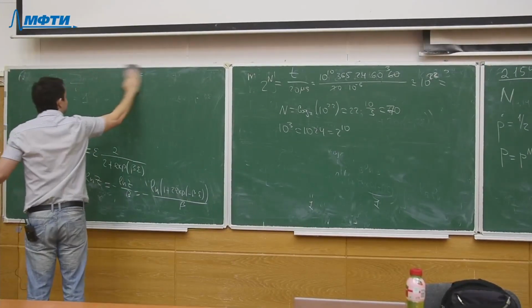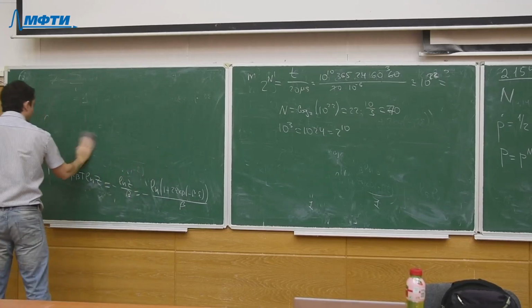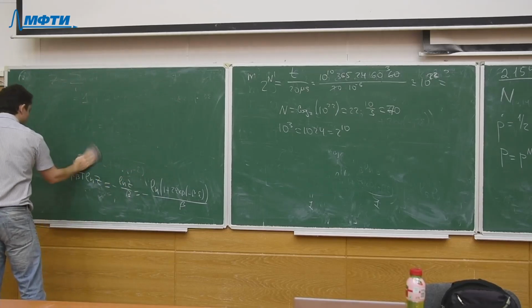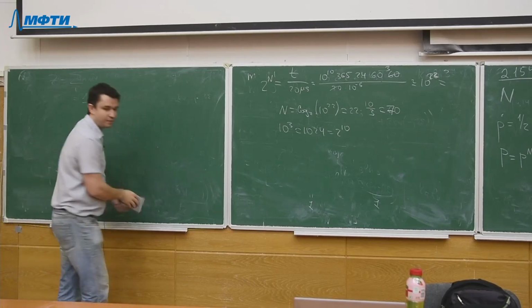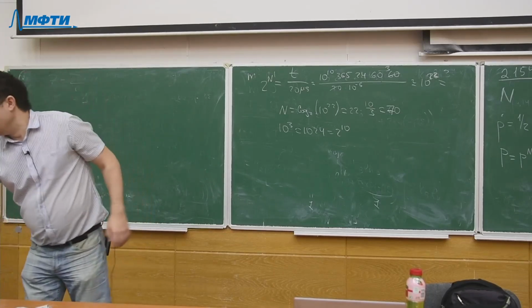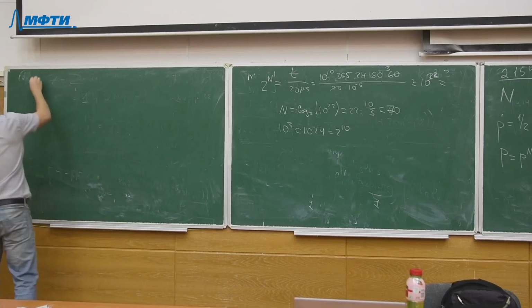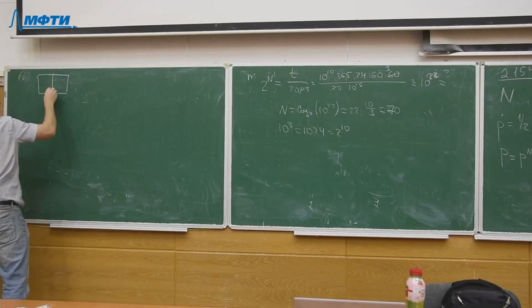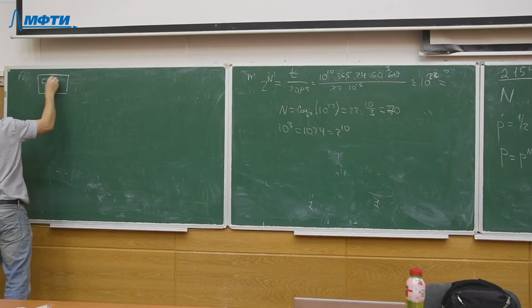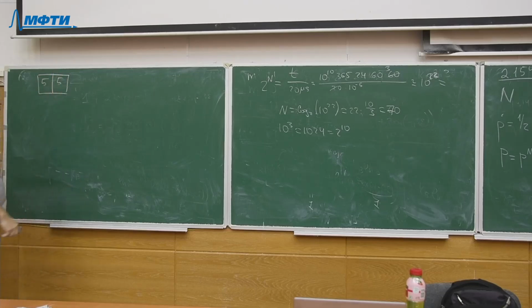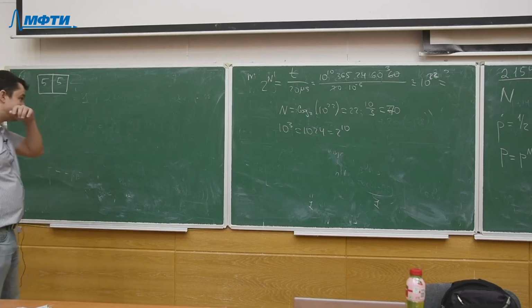Statistical weight of the most probable distribution. Okay, as you might be able to understand now, the most probable distribution of 10 molecules over two halves is when we have 5 molecules in one half and 5 molecules in the other half.